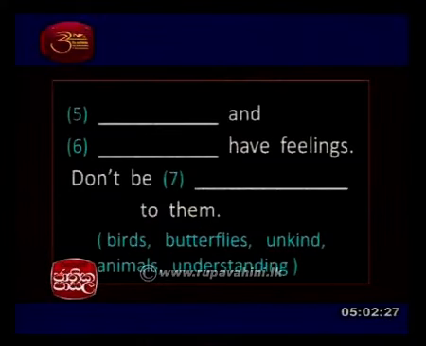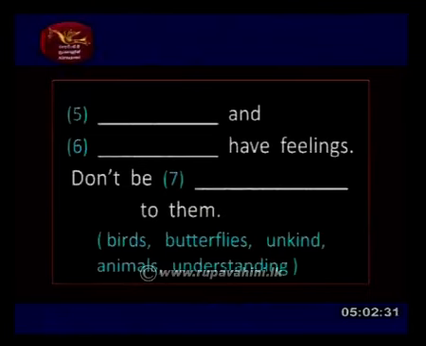Birds, butterflies, unkind, animals, understanding. All right, I think it is a little confusing because the first blank and another blank have feelings. So naturally it should be somebody or something which has feelings, and don't be blank to them.